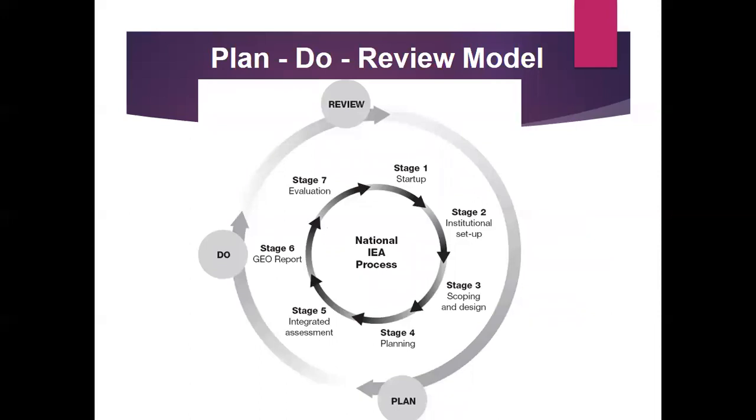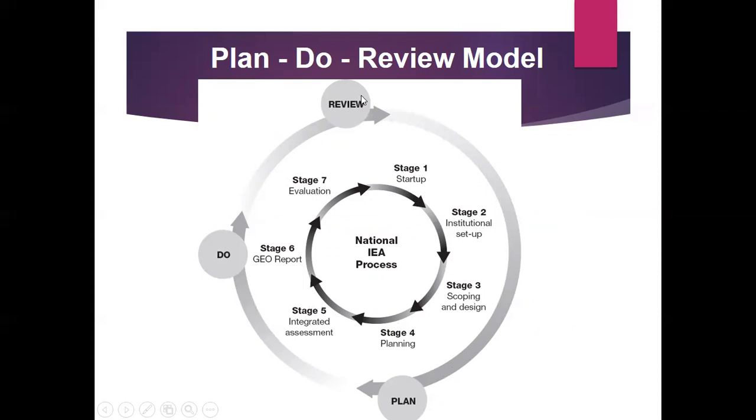Again, this is just another perspective of the entire process. So we have that 7-step IE process, and then we have it simplified here in an outer cycle, where we see from stages 1 to 4, we see planning. From stages 5 and 6, we see this is where it's actually being done.